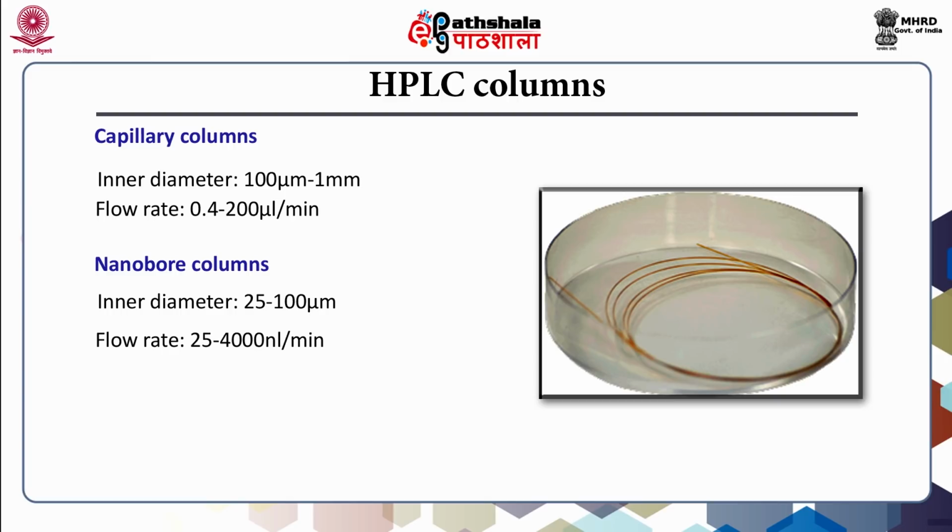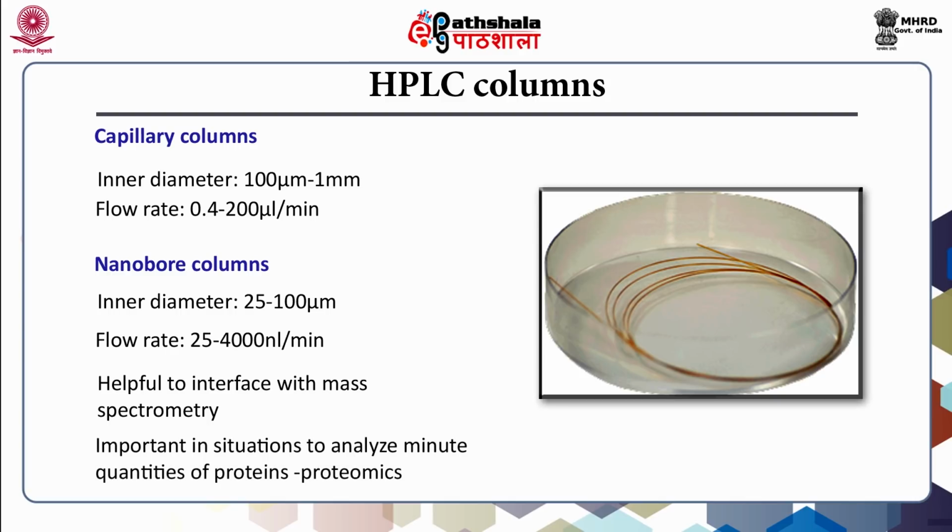The nanobore columns are mainly helpful at the interface with the mass spectrometry. These columns are important in situations to analyze minute quantities of proteins, especially in proteomic studies, where we use minute quantities of proteins. So, these nanobore columns are mainly useful in proteomics studies.